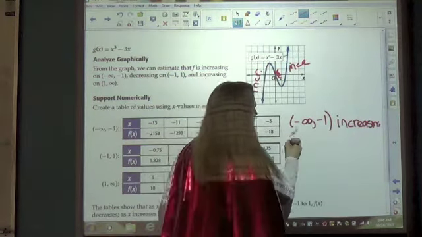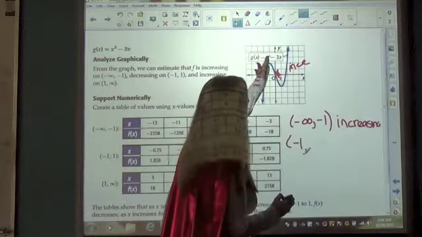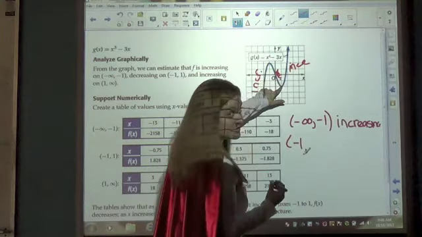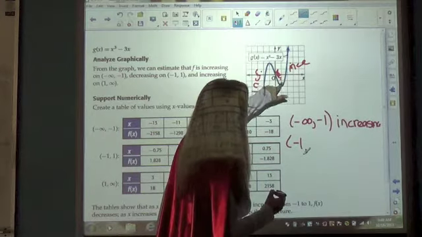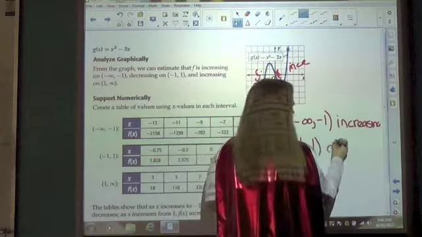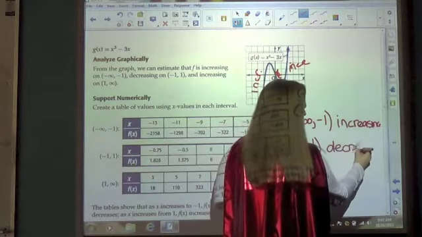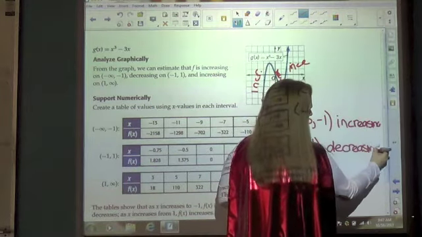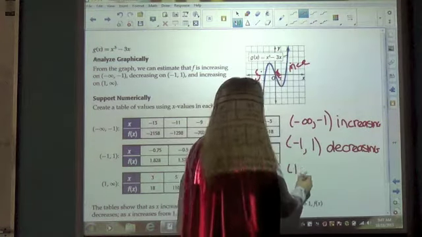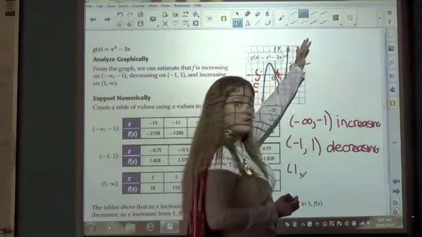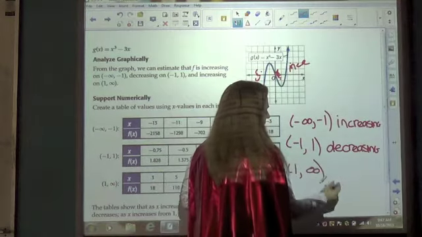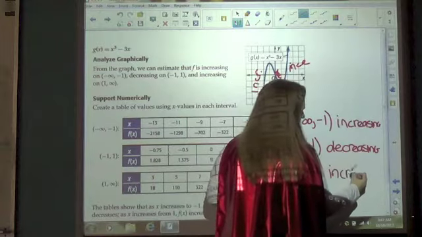So I was at negative 1, and I'm going all the way to here. It's decreasing, decreasing, decreasing, decreasing, and it stops. It all of a sudden starts changing. Well, this is 1. So it is decreasing on this interval. And then if I look from this 1, it's going up and up and up, and the arrow points up, so it's going on to infinity. So this interval is increasing.